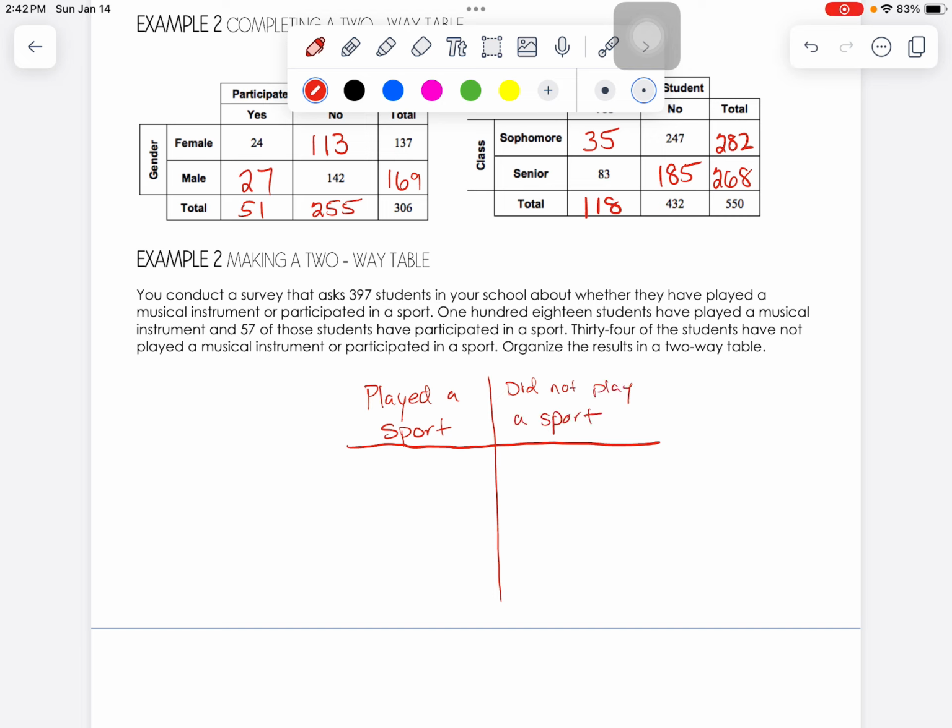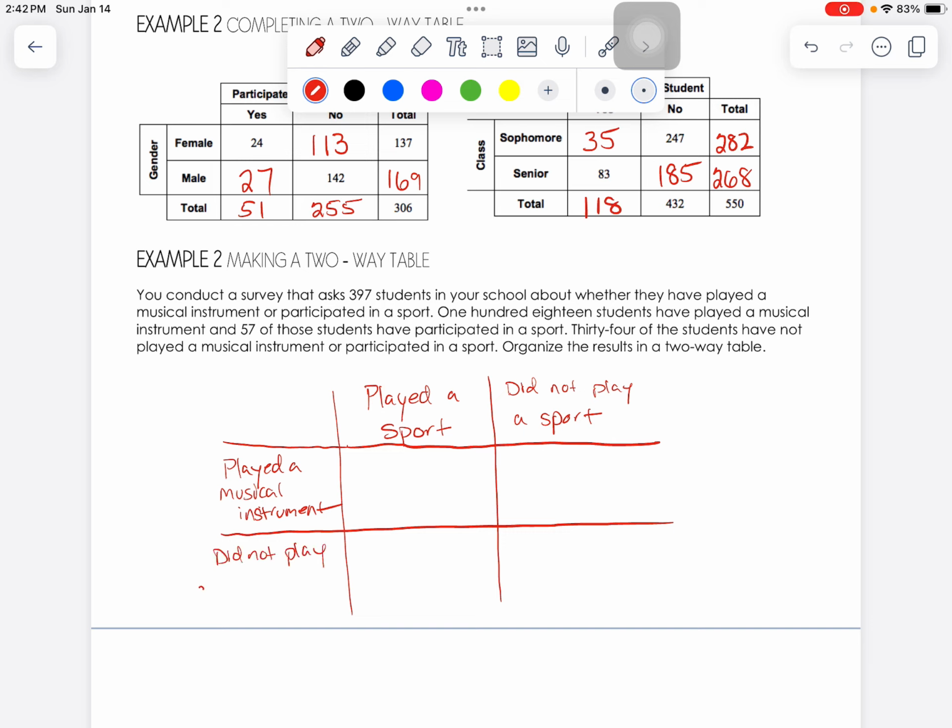And then on the other side, I'm going to say played a musical instrument, or did not play a musical instrument. And then, of course, I'm going to include my totals.